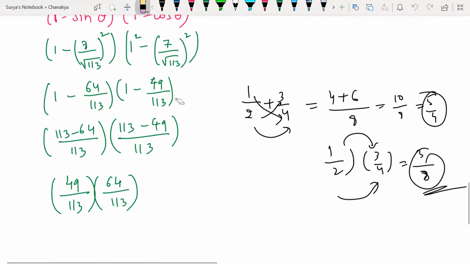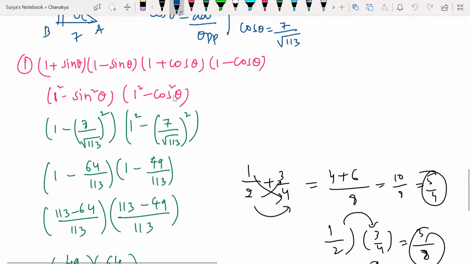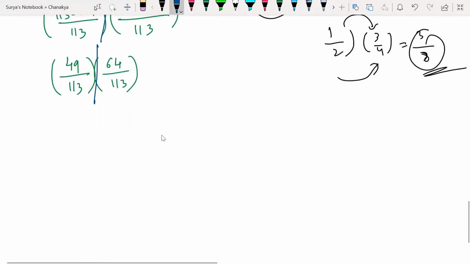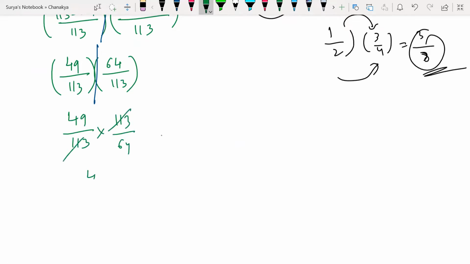This is divided by, right? Everywhere the fraction will come. Now 49 by 113, reciprocal 113 by 64. 49 by 64. Yes or no? That is our final answer.